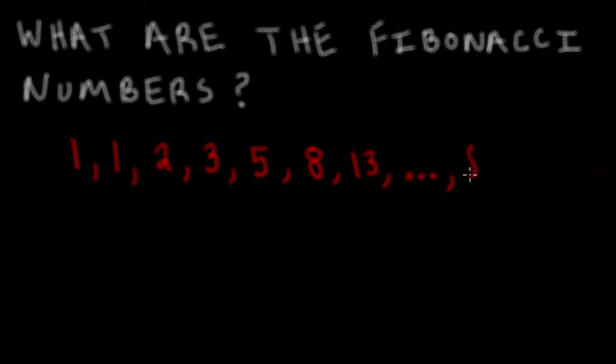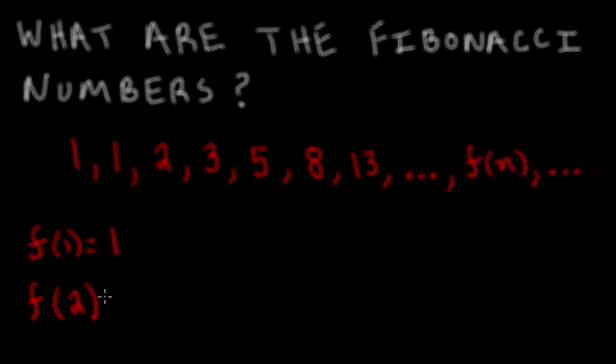Now the nth term in the sequence we'll denote by f of n. And what we would like to do real quick is give a more concise definition of f of n. Now the first term, so the n equals 1 term, is 1. That's sort of our starting point. We also need a second starting point because we're adding the previous two numbers. So the second Fibonacci number is also 1.